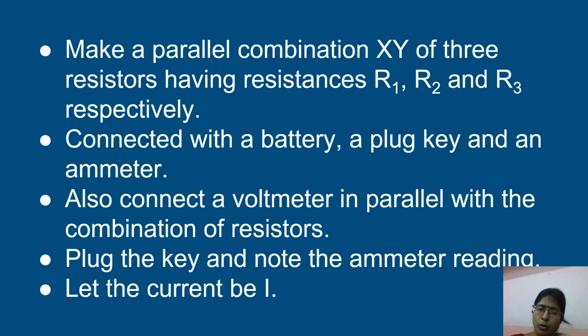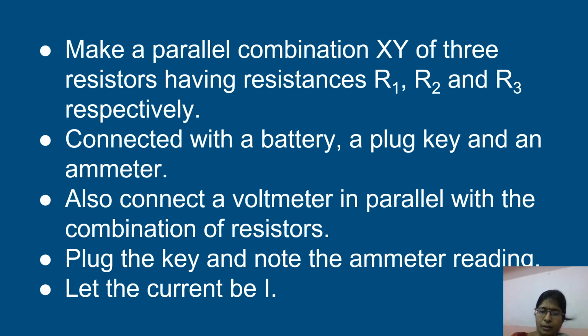Then a voltmeter is also connected in parallel, as we know that a voltmeter should be connected in parallel. This is connected in parallel with the combination of all three resistors, not through a single resistor. Now plug the key and note the ammeter reading.